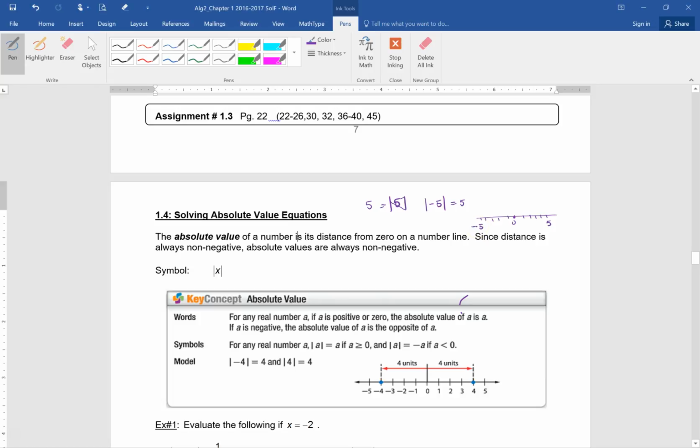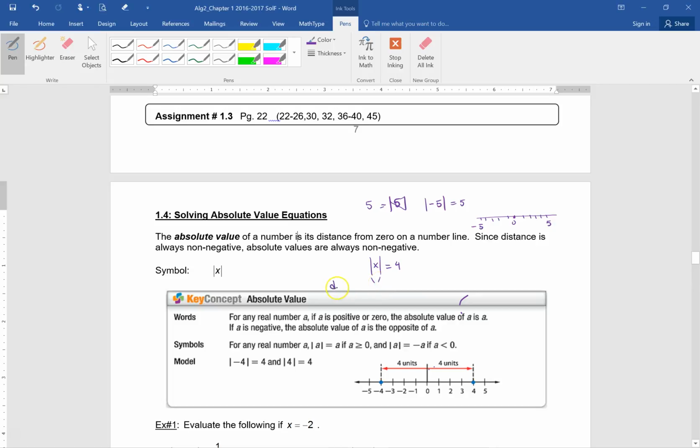Now if I say, hey, what is the number x, the absolute value of which is 4? So now this is code for, hey, I've got the secret number x, and the distance from x to 0 is 4.